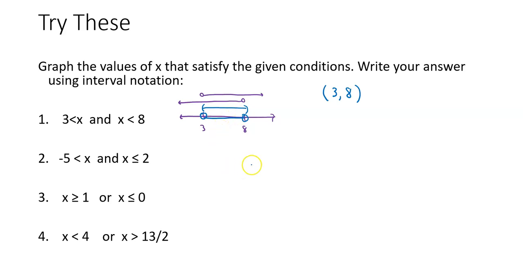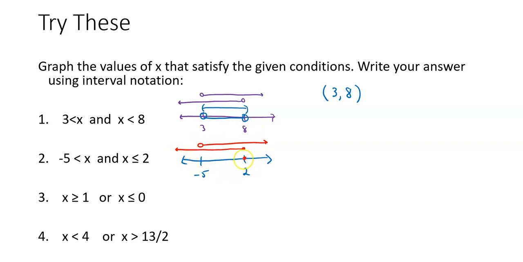The second one was x values that are greater than negative 5 and less than or equal to 2. So here's your negative 5. Here's your 2. Let's see what values make sense. Again, we're going to do a little scratch work on the top and then combine our answers. So greater than negative 5 is this way. Less than or equal to 2 is that way. We want where they overlap.